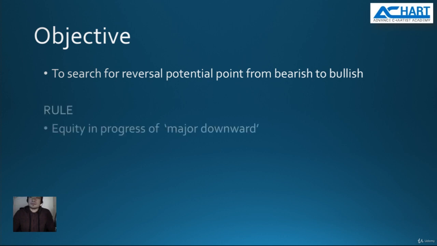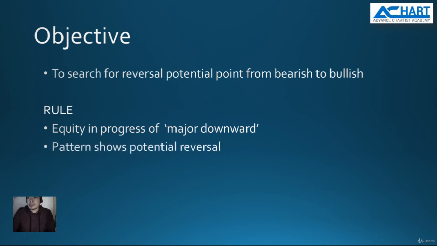Our rule is that the equity must be in a major downtrend, and we are looking for any signs of seller weakness in the market that enable us to get an entry into the position.